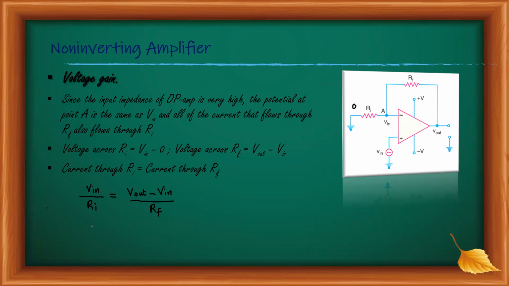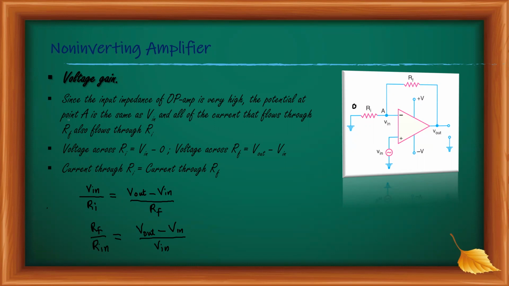We write Rf divided by Ri must be equal to V out minus V in divided by V in.